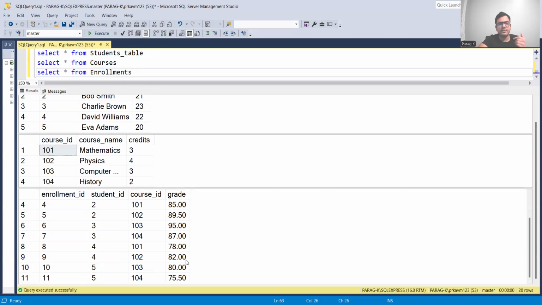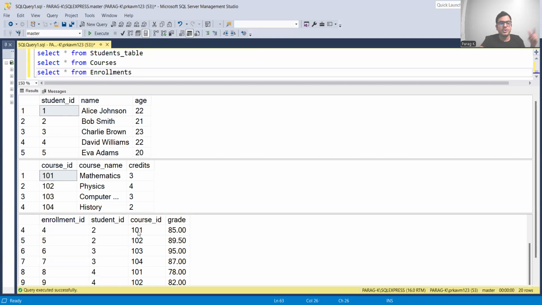Why waste time doing a join on course ID, which has no bearing on the output? They have not asked about credits or anything like that. They've asked me to give the names with the highest average grade of each student.